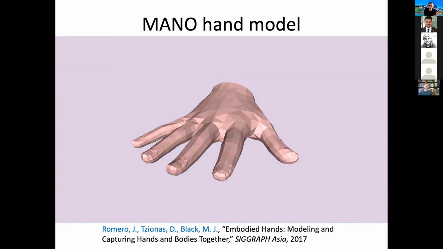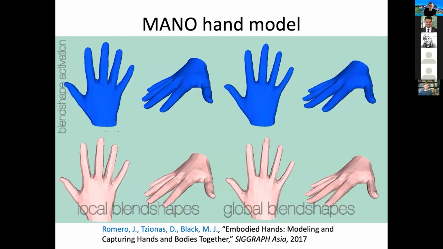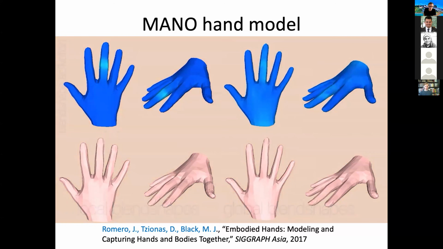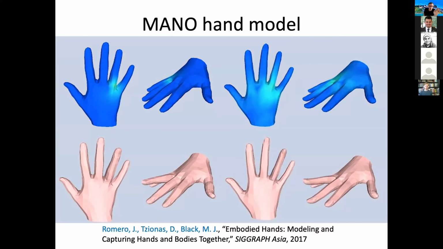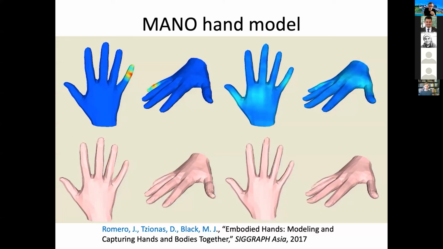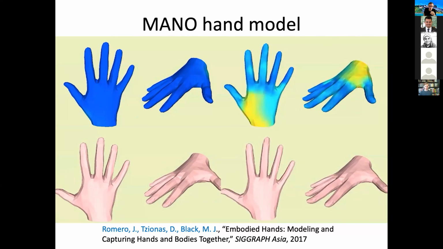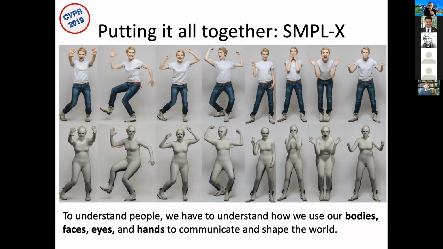Every time the background color changes, you're looking at a different principal component, and then solved for the blend shapes again, and you can regularize these to be local. So this is just illustrating the influence of different blend shapes on the hand pose.